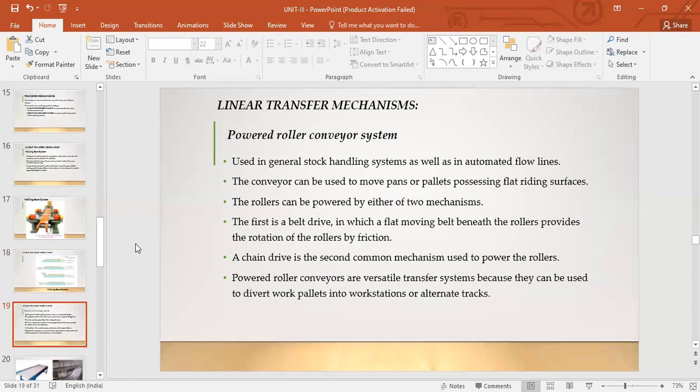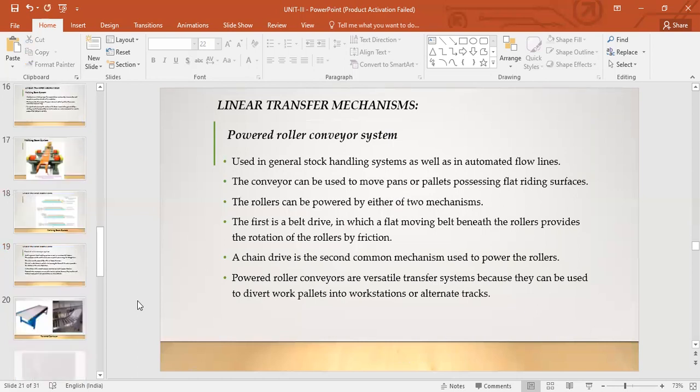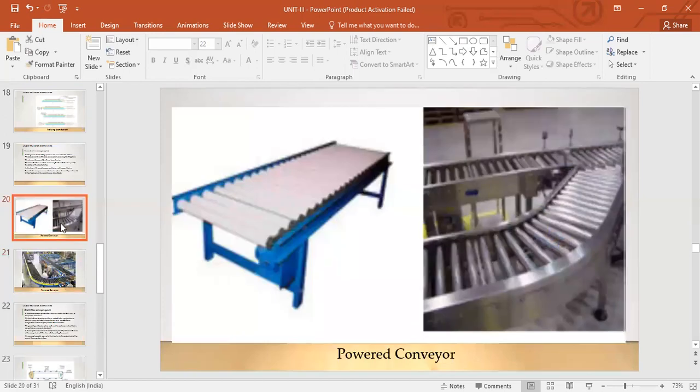Another thing is your powered roller conveyor, we saw, right? Roller conveyor system. This is generally used for pipes. Okay, for long pipes you'll use this kind of roller conveyor system.